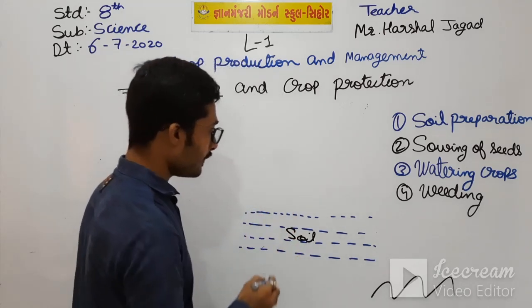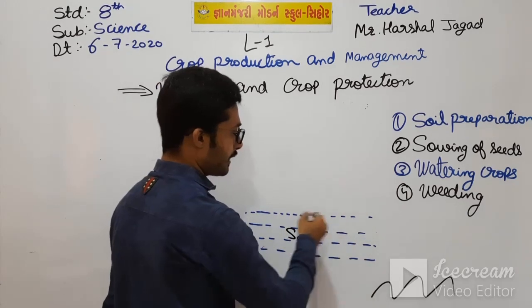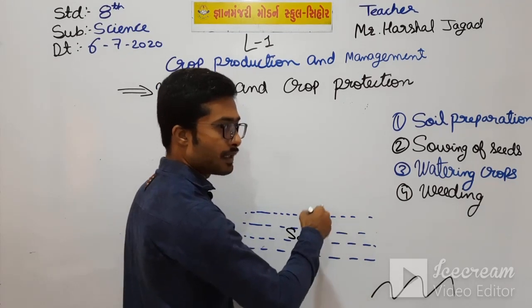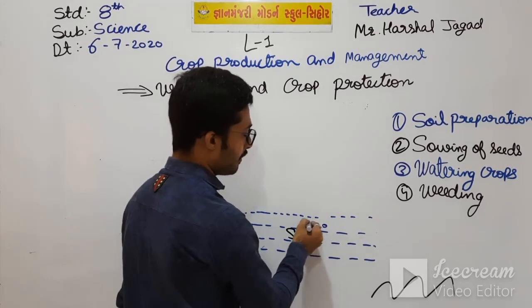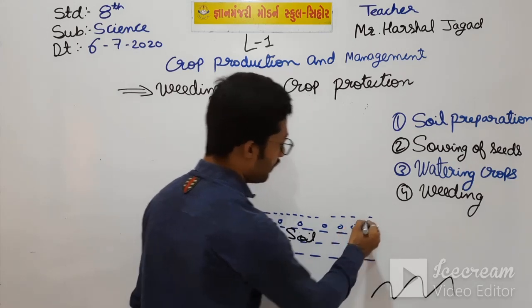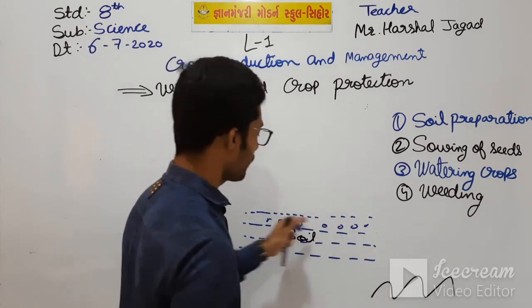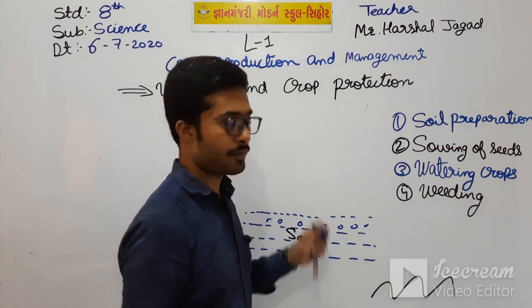So here first of all what is done? Ploughing, leveling, then adding fertilizers, then sowing of seeds. So here we have seeds and then we have to water the crops.